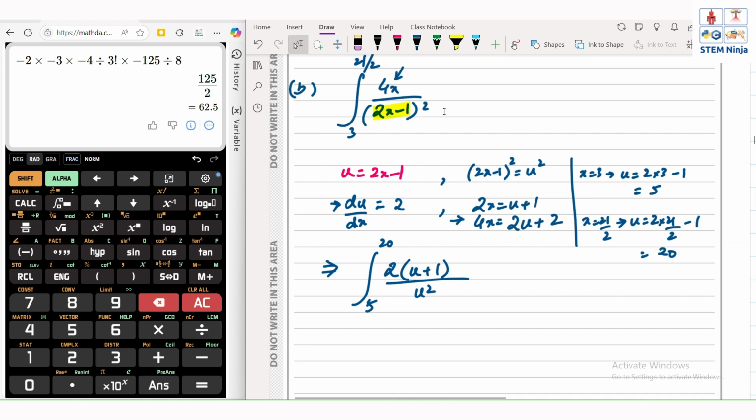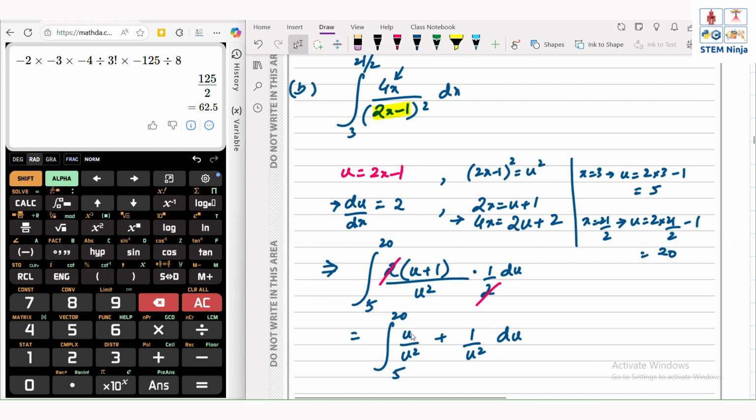or basically, sorry, the dx over here is du over 2. So 1 over 2 du. So 2 and 2 are getting canceled over here. However, how do we simplify this further? So we can do this as u over u squared plus 1 over u squared du from 5 to 20.